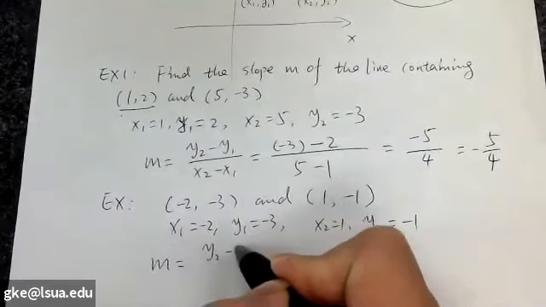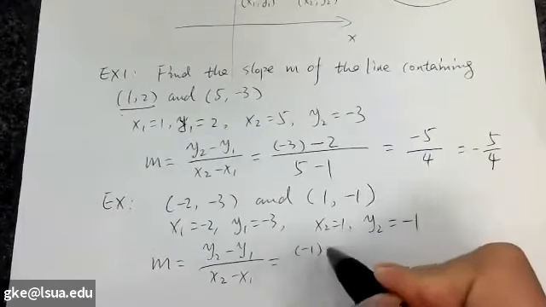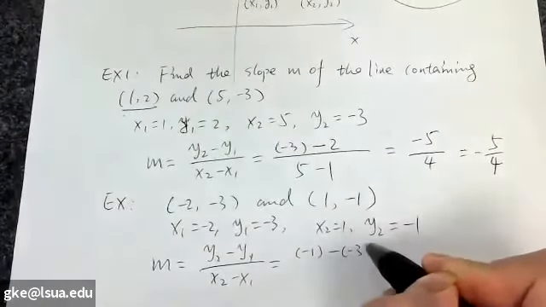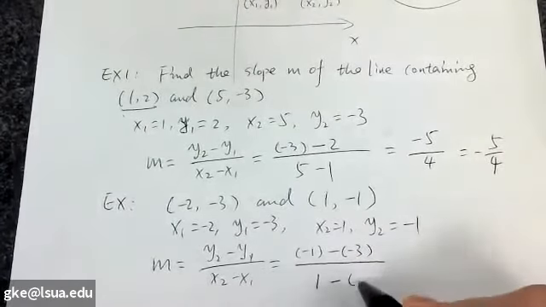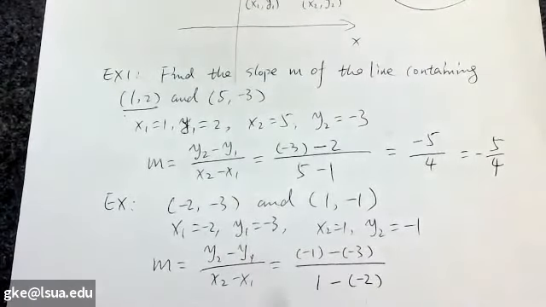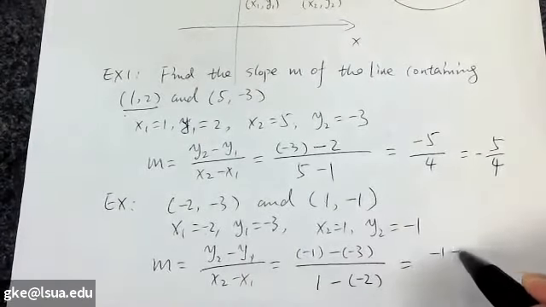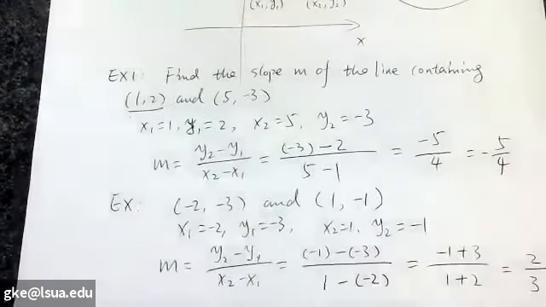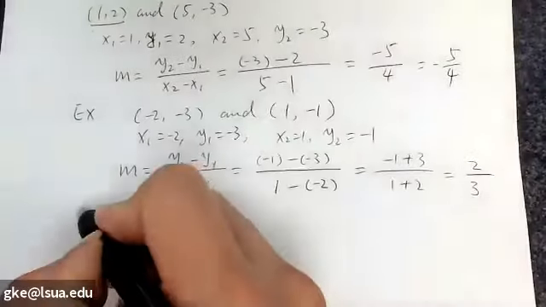Plug in: y2 is -1, subtract y1, which is -3, so put parentheses here. x2 is 1 minus x1, which is -2. When you plug in a negative value, put parentheses there. So -1 plus 3, over 1 plus 2, which gives 2/3. Now let's try the last example.